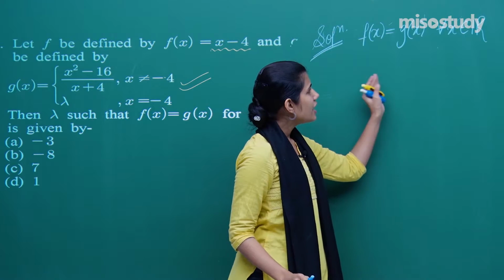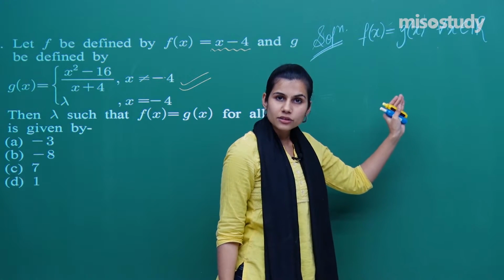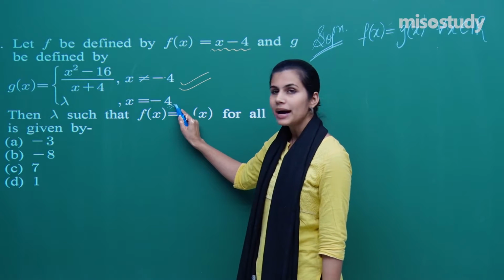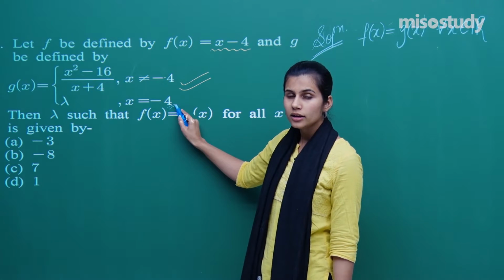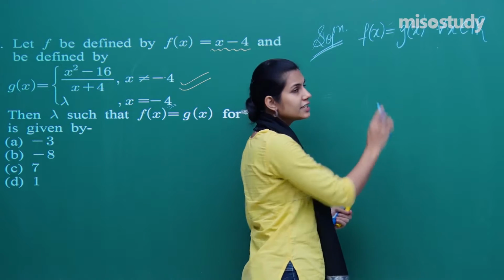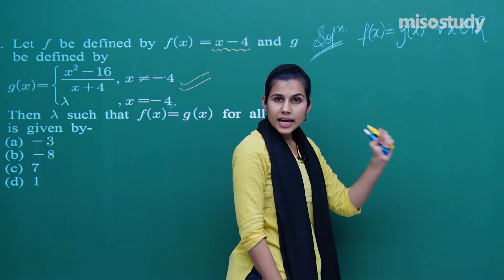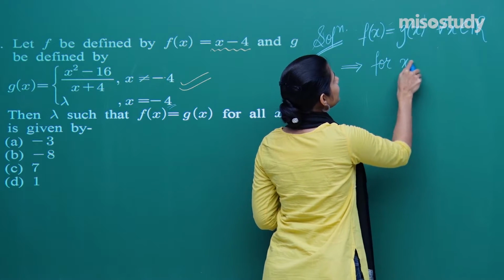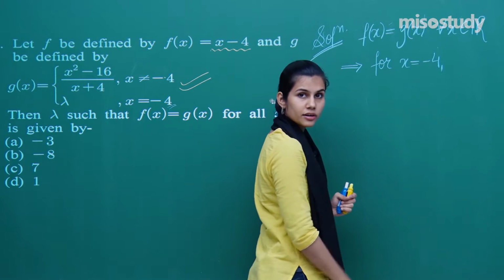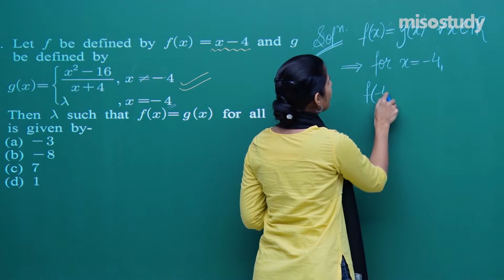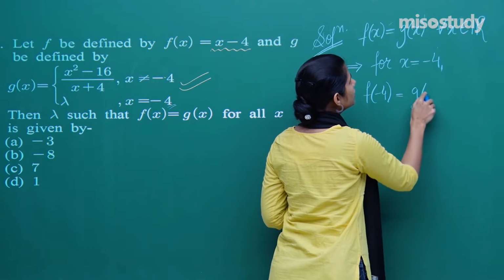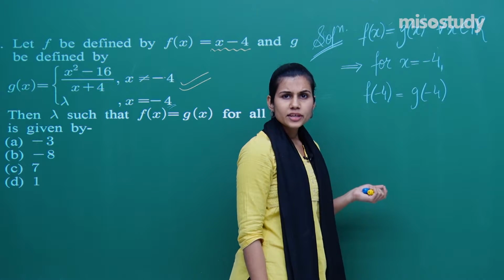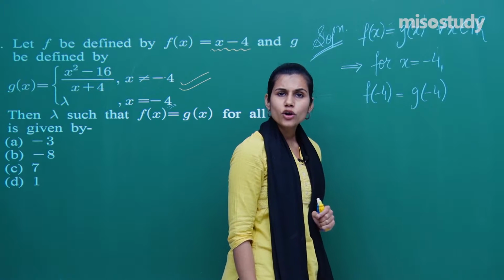And therefore, if f and g are equal for every x in the real line, definitely corresponding to x equals -4 also they will be equal. That means if f is equal to g for every x, this implies for x equal to -4, also f of -4 is equal to g of -4. Why not? If they are equal for every x, definitely they are equal for -4 also.